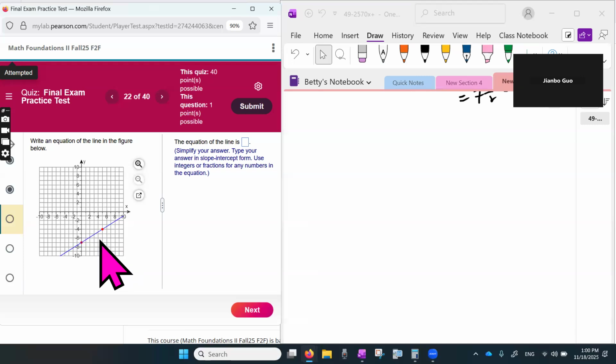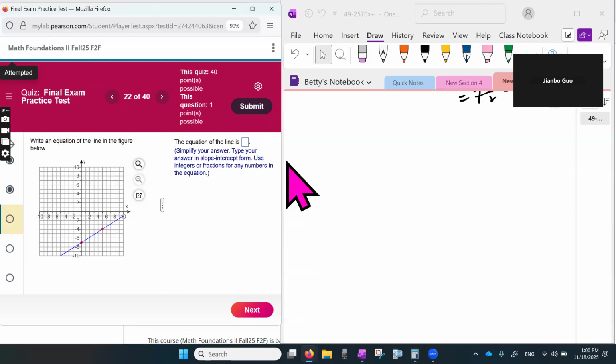And from this point to that point, rise is 3. Okay, 1, 2, 3. Run is 1, 2, 3, 4, 5. So the slope, rise over run, is 3/5.